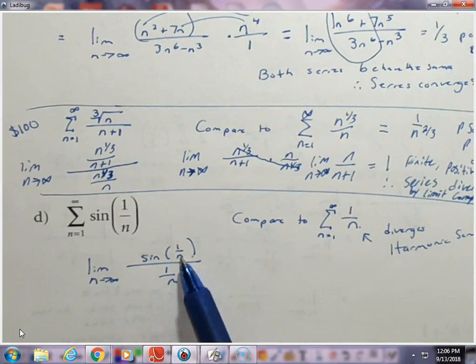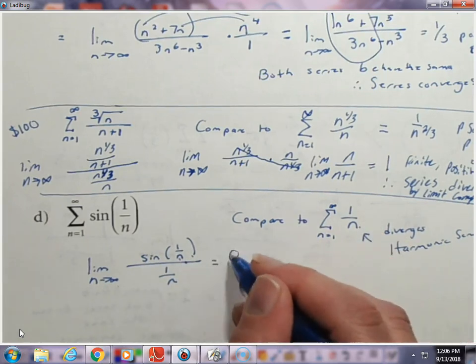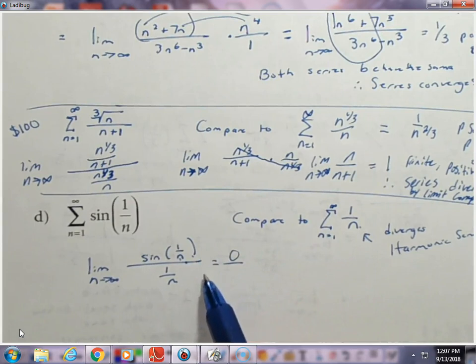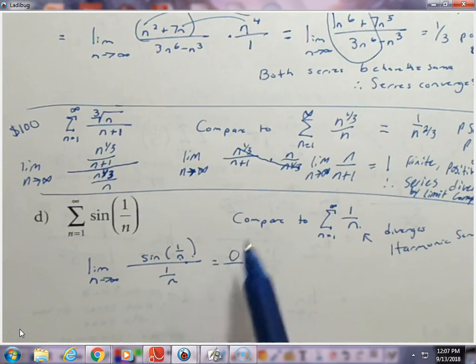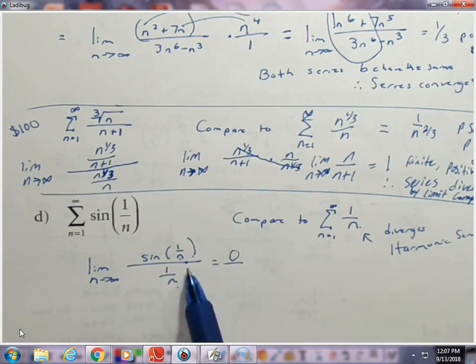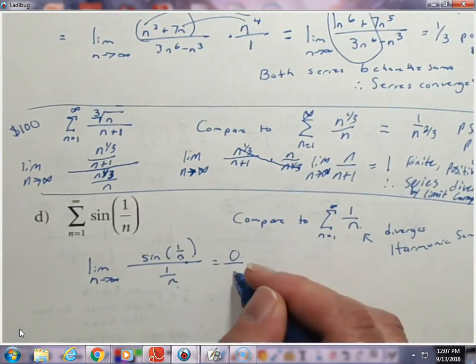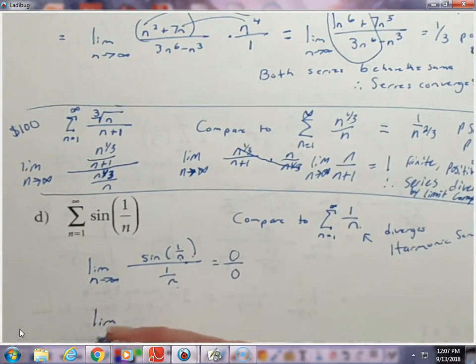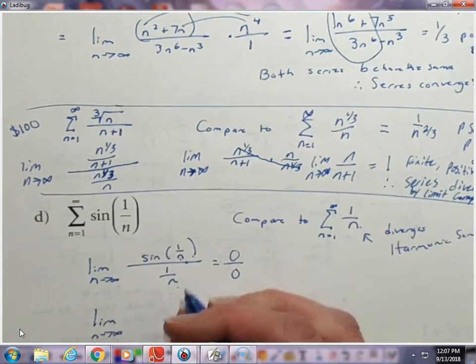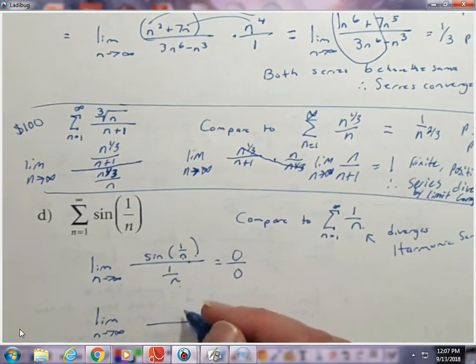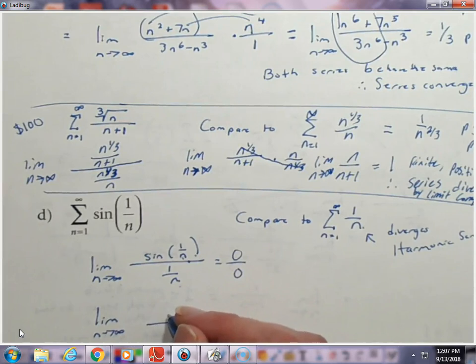As n goes to infinity, what does 1 over n go to? 0. And the sine of 0 is 0. Sine of 0 is 0, people. Go home and study it, please. As n goes to infinity, this goes to 0 over 0. What's L'Hopital? The derivative of sine 1 over n is what?